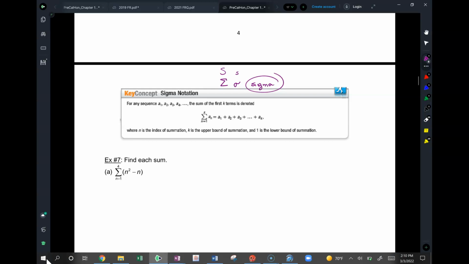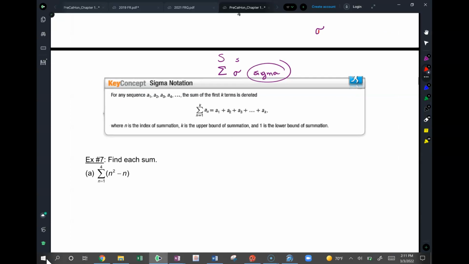How do you draw the lowercase? You start from here and you come down. Okay, that's a lowercase sigma. It doesn't look as cute as the big one.